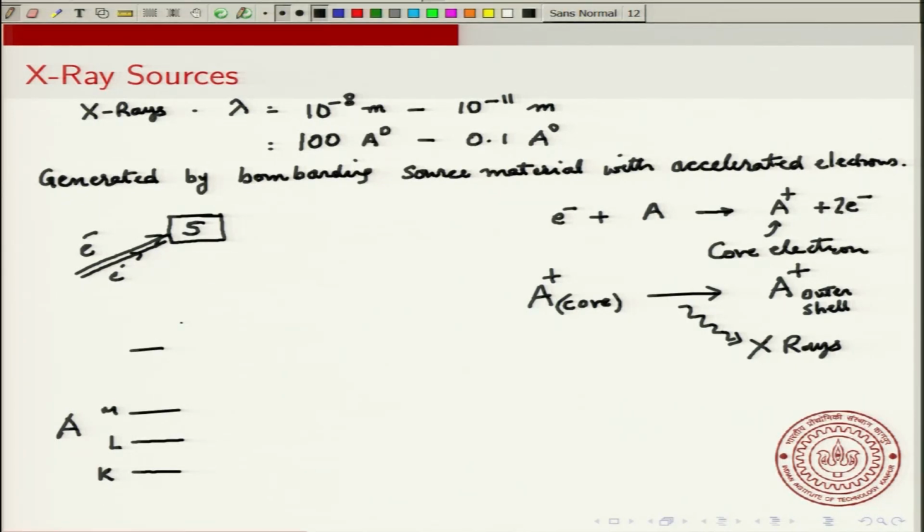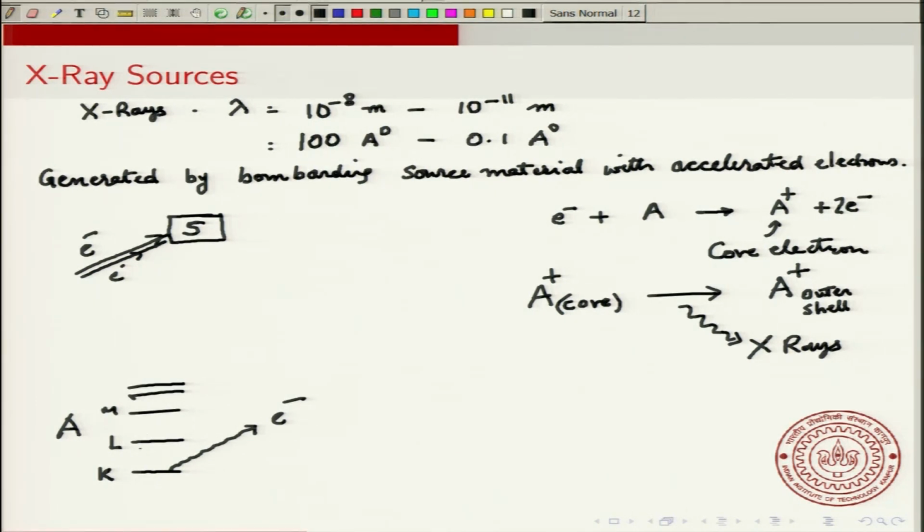When an electron bombards A, the ionization takes place due to an electron going out of the core shell.